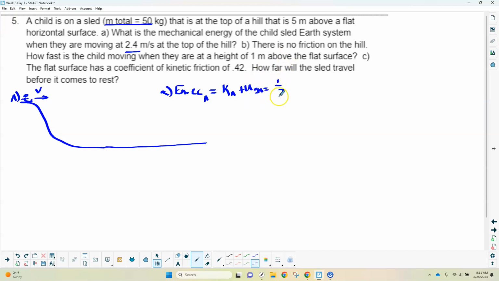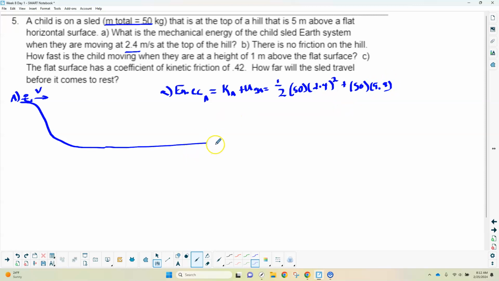So kinetic energy is 1/2, the mass is 50, and the velocity is 2.4, and we're going to square that. So I'm assuming again that you know the kinetic energy equation is 1/2 mv squared there. We're going to add that to the gravitational potential energy, which is mass, which is 50, times 9.8, times the height that it is above the 0 level.